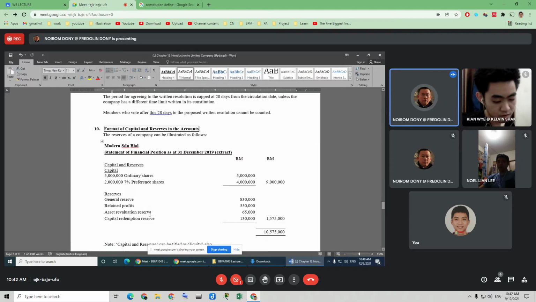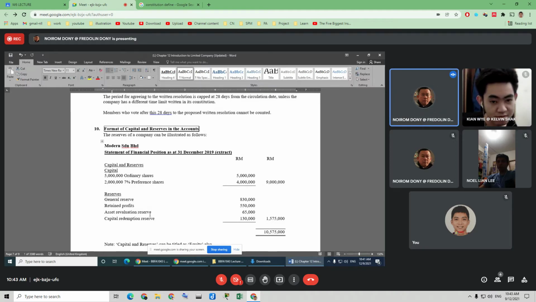And then asset revaluation reserve. This reserve exists because the assets of the company have been revalued or increased in value. This is normally done by professionals. Then that reserve will be recorded: debit the asset because of the increase in value of the asset. Let's say the land, the value of land is normally appreciating, not depreciating.